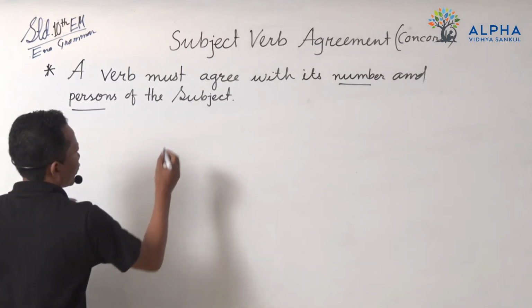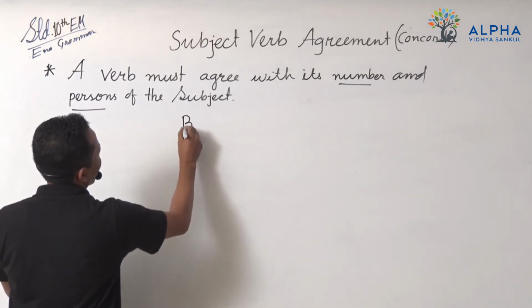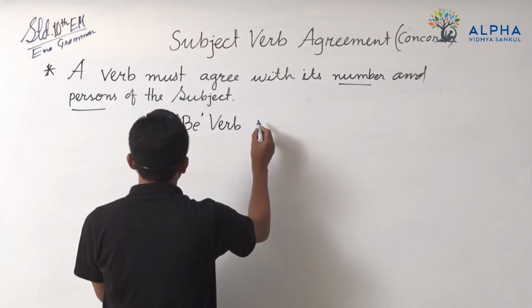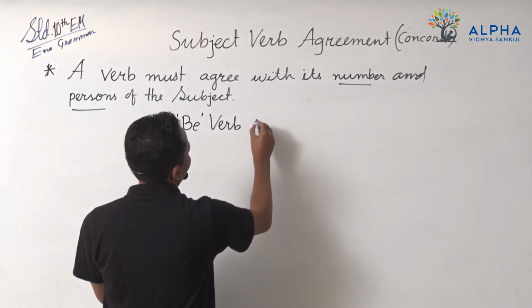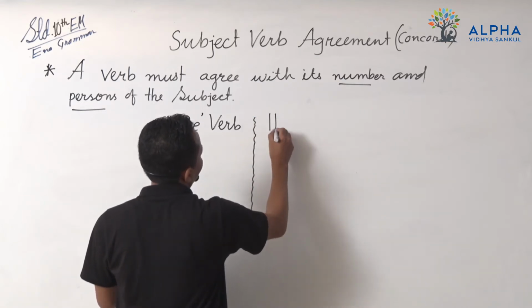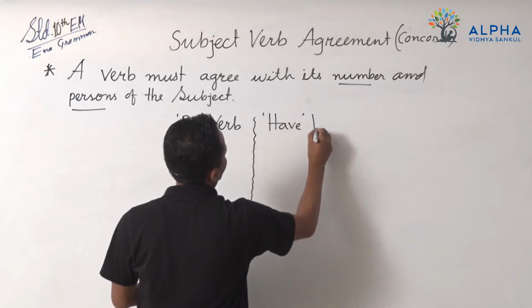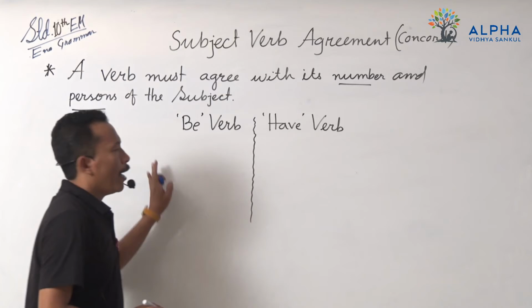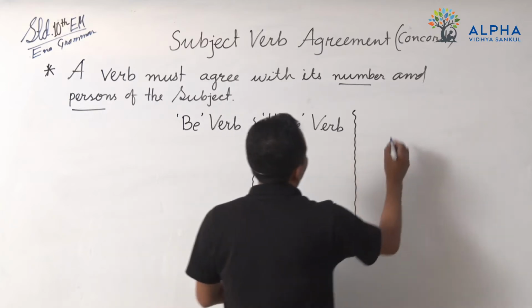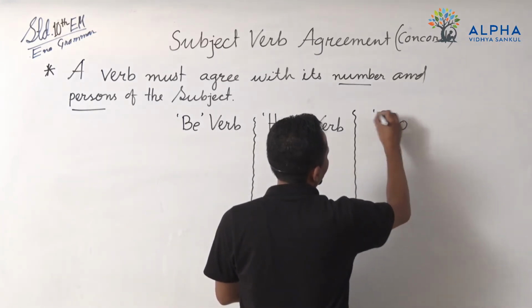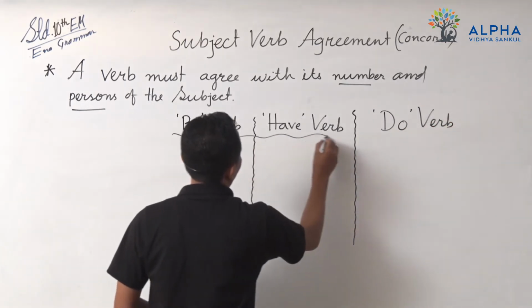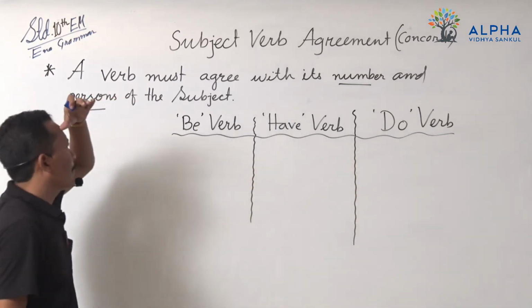Students, let me write here: the be verb, the have verb, they are primary auxiliaries, students, and the do verb.